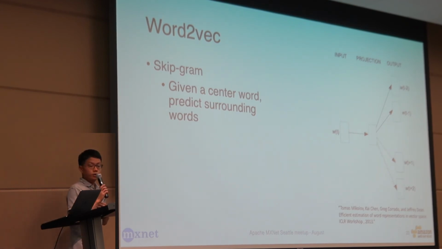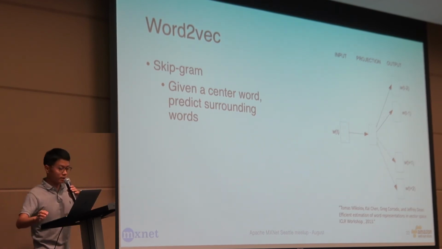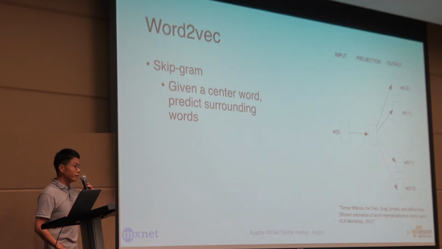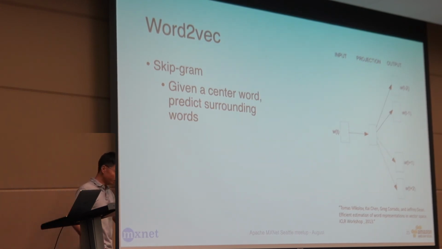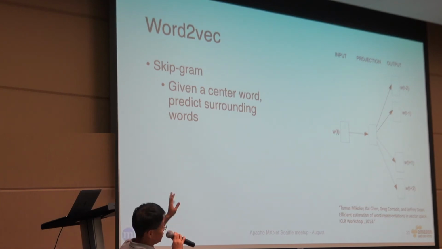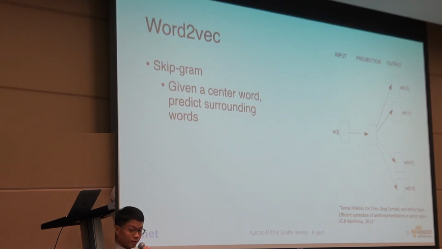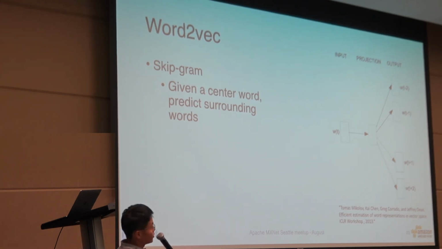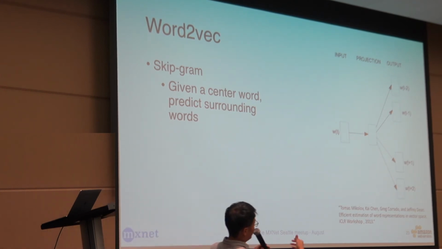I will basically talk about two word embedding models available in GluonNLP. One is word2vec. The word2vec skip-gram model's idea is, given the central word w_t, it tries to generate a better representation of the other surrounding words.